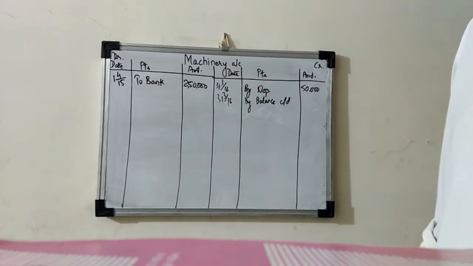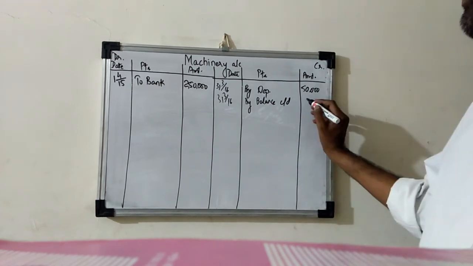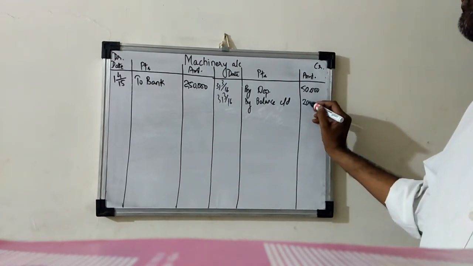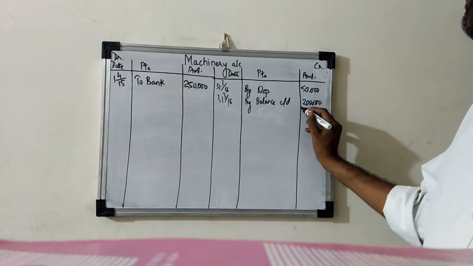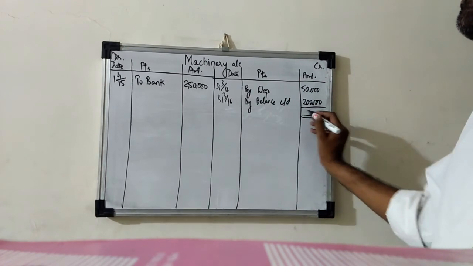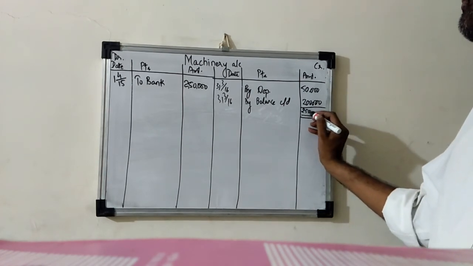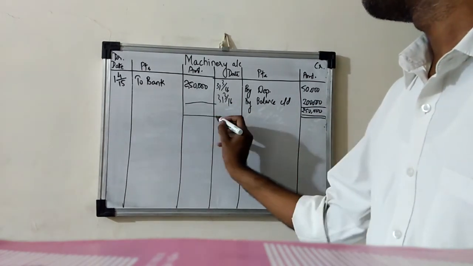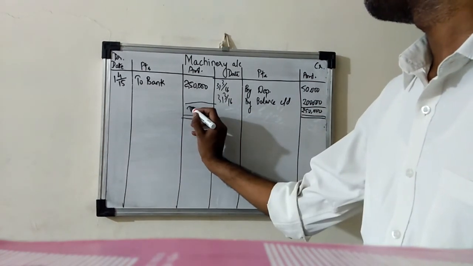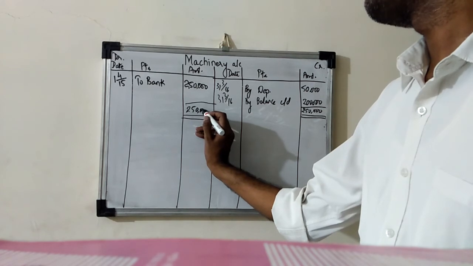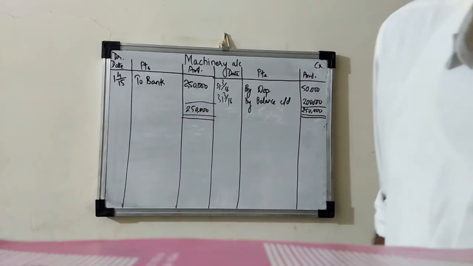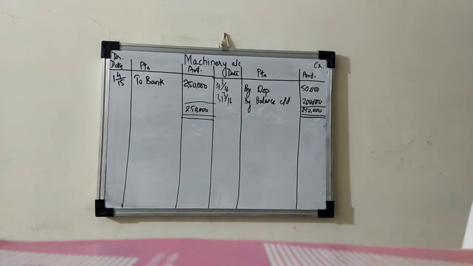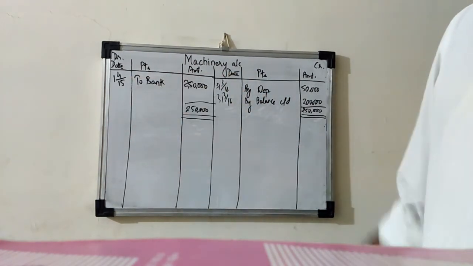The written down value of machinery comes to rupees 2,00,000. Here's first year end. Now bring down the balance to the second year.